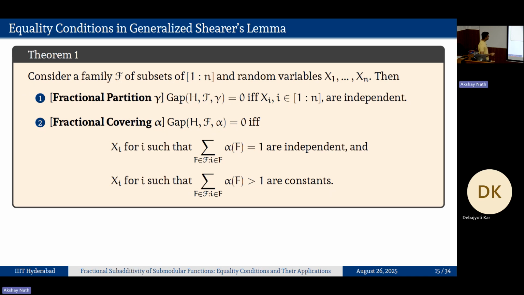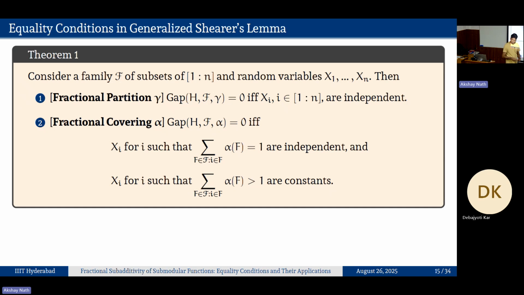And if you have the gap, so instead of a partition you have a covering, then for all those i such that the summation of alpha f is equal to 1, those are independent. And this is the most interesting part: wherever I have the summation of alpha f greater than 1, they are constants.